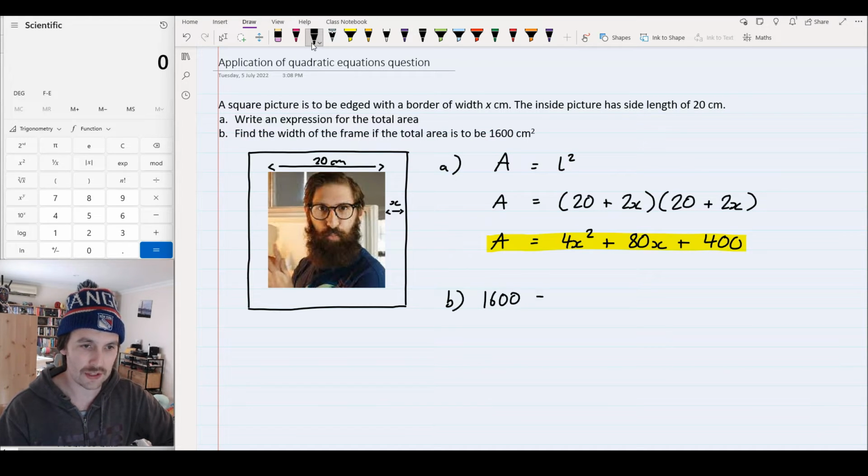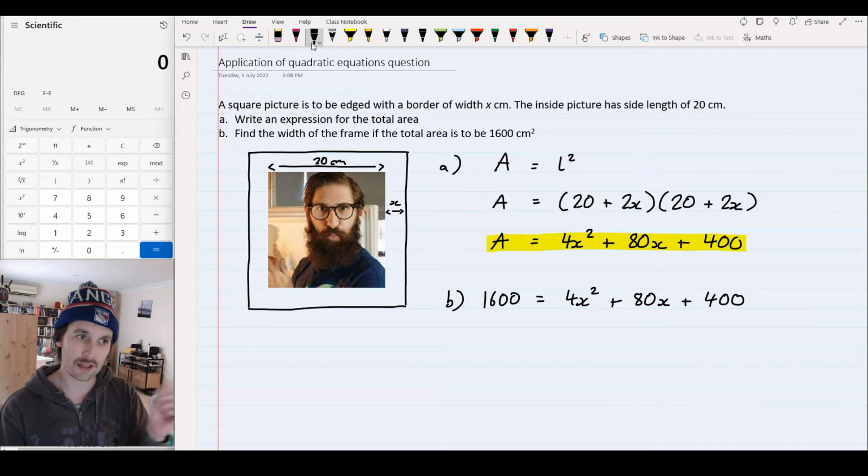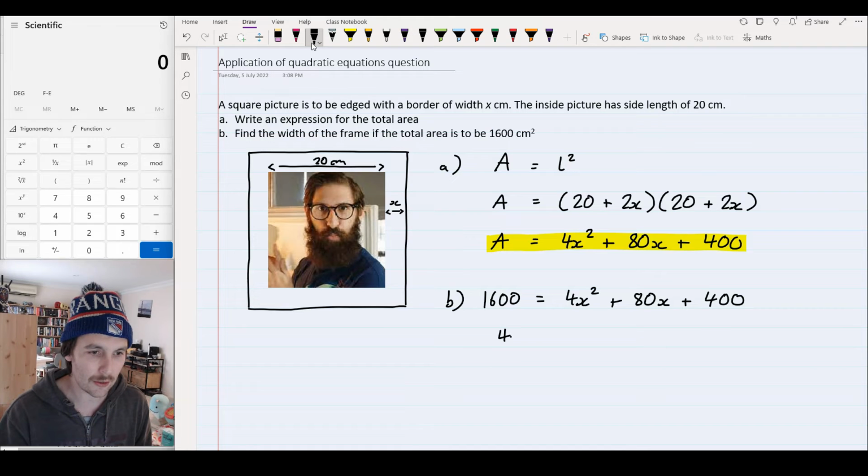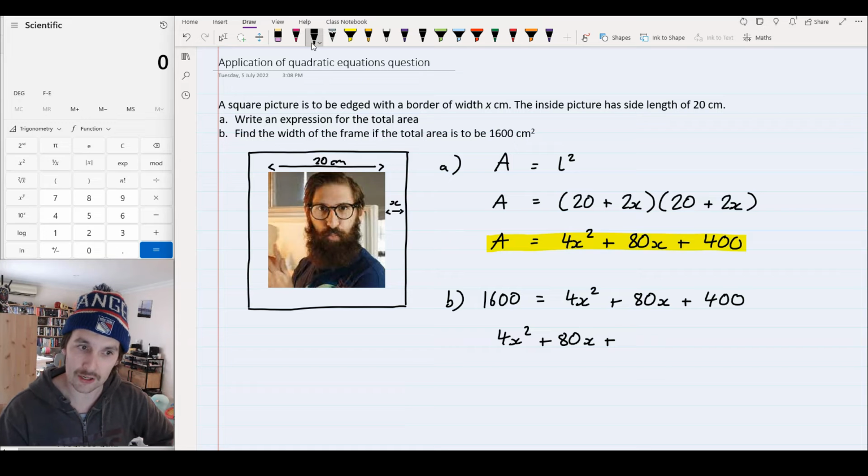We're given the area for this one. So 1600 is equal to the expression that we already had for area, so 4x squared plus 80x plus 400. I'm going to rewrite this in such a way where the whole thing is equal to 0, because that will allow us to use factorizing and the null factor law in a moment. So I'm going to rewrite this as 4x squared plus 80x plus, oh, hang on.